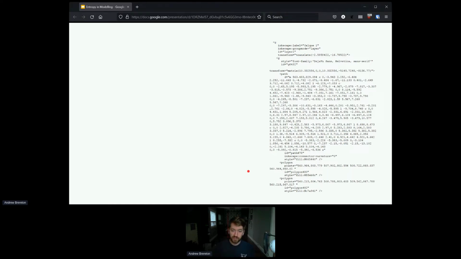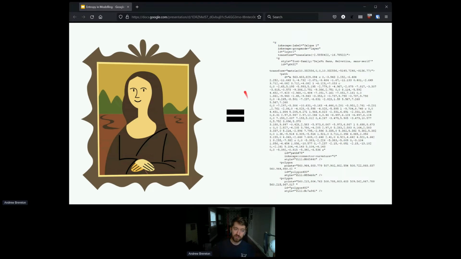Well, there's nobody typing in the chat, so I'm going to assume that nobody could tell that this was a drawing of the Mona Lisa. And I don't blame you, because what we're seeing on the right here is the text-encoded SVG format representation of essentially the same information that we're seeing on the left.